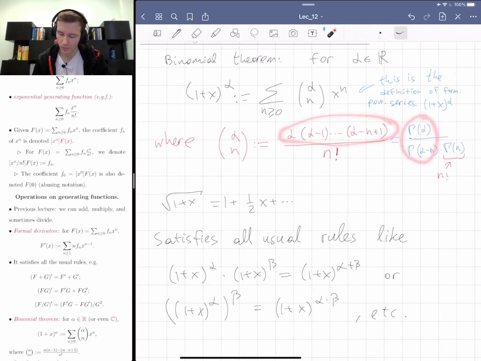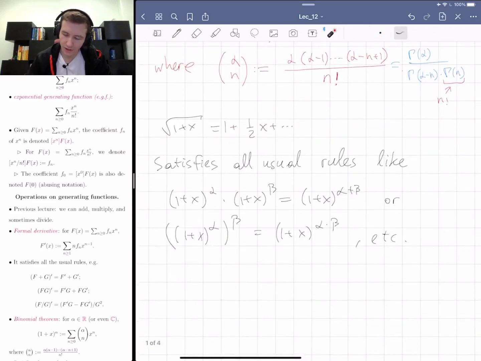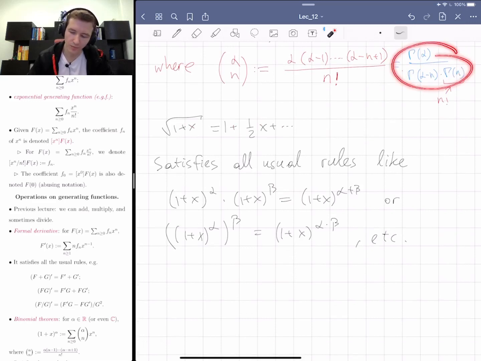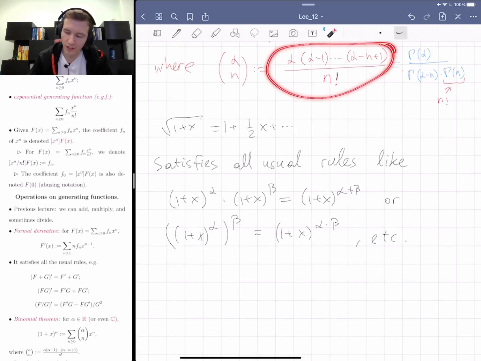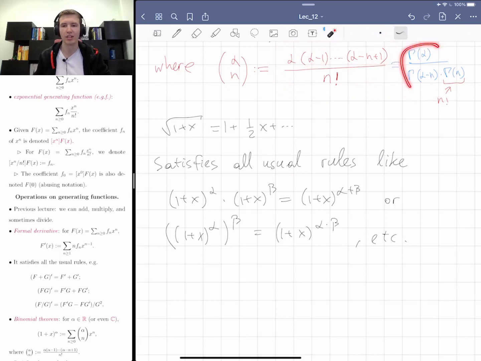So yeah, I think this can be expressed using the gamma function. But in general, the gamma function is much harder than when you just multiply a bunch of explicit numbers. For the gamma function, usually it's harder to deal with.